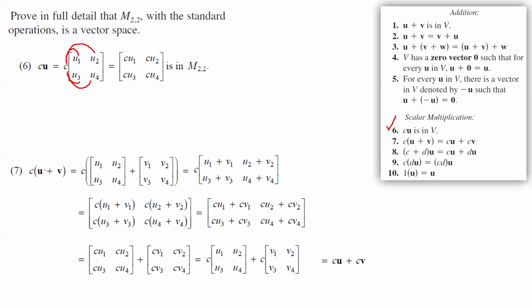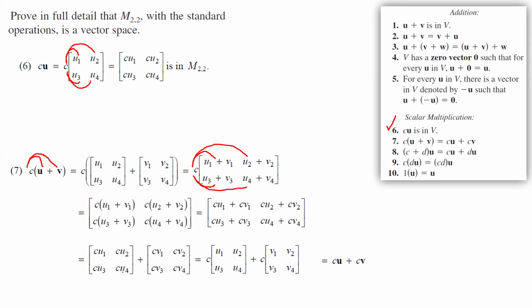Now, can I distribute C over the addition? If I take two matrices, add them together, and then find a scalar multiplication, this is basically multiplying every single entry by C. You're basically doing algebra now. You're multiplying C by U1 plus V1, C by U2 plus V2, C by U3 plus V3, and C by U4 plus V4, or from algebra, it's just simple distribution.